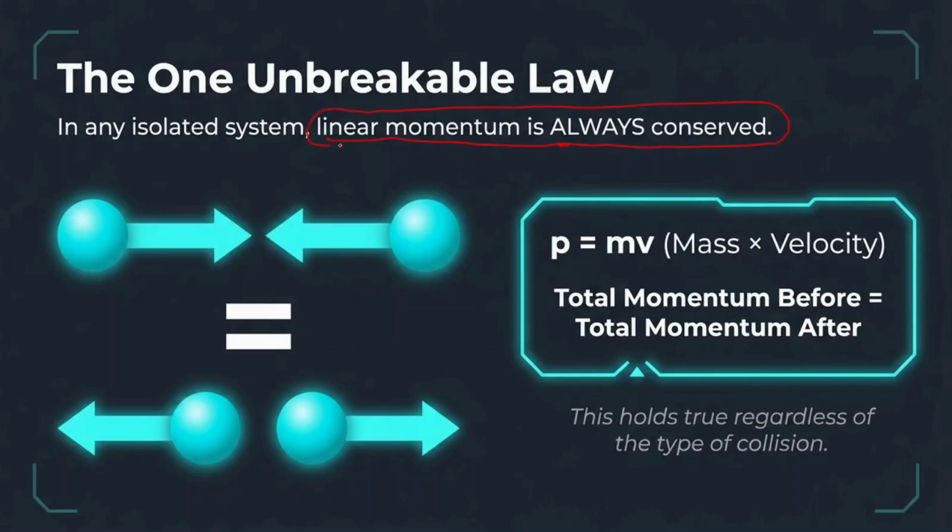So if two objects collide with each other, then the total initial momentum is equal to the total final momentum. This is the thumb rule of collisions.